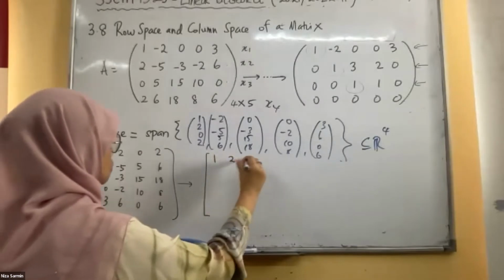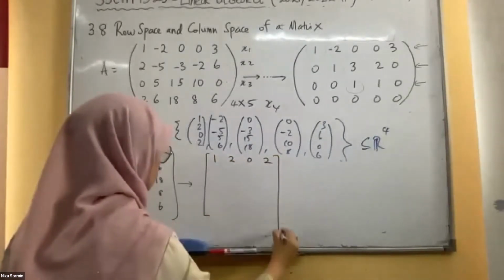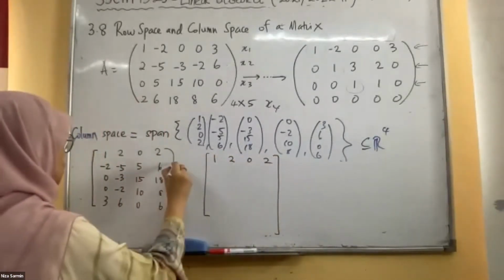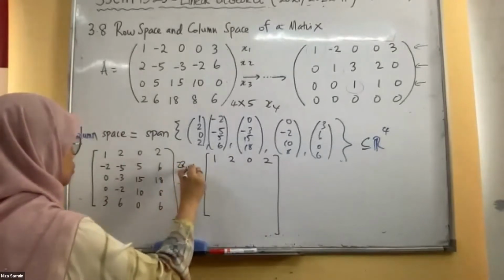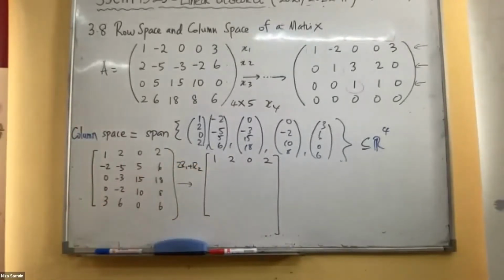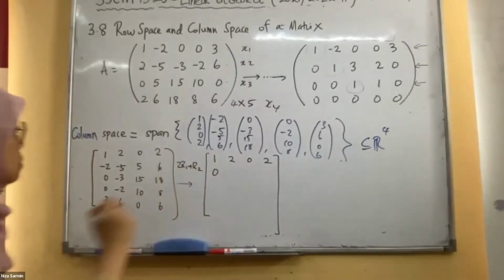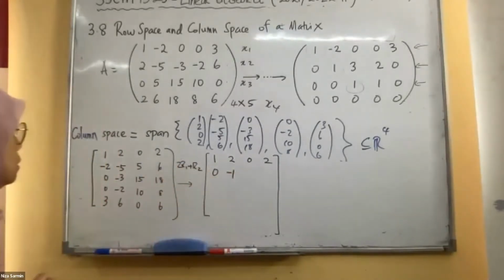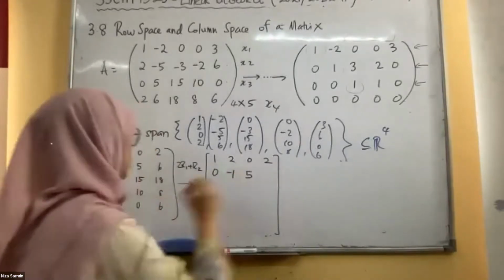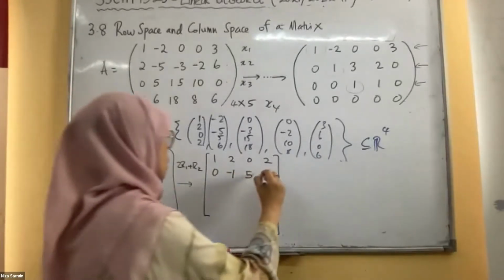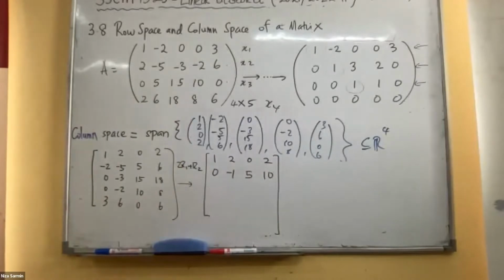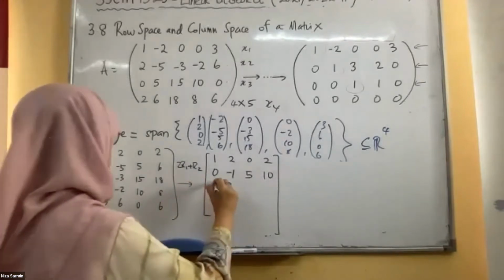1, 2, 0, 2. Okay. 2 row 1 plus row 2. 0, negative 1, 5, 10. Okay, then copy.